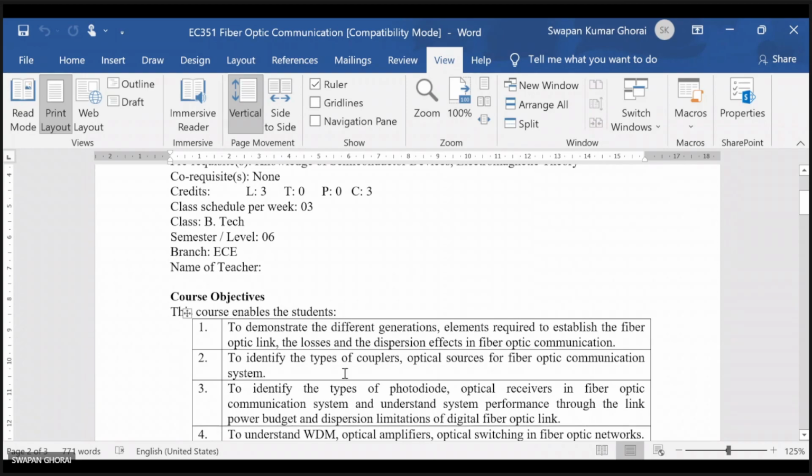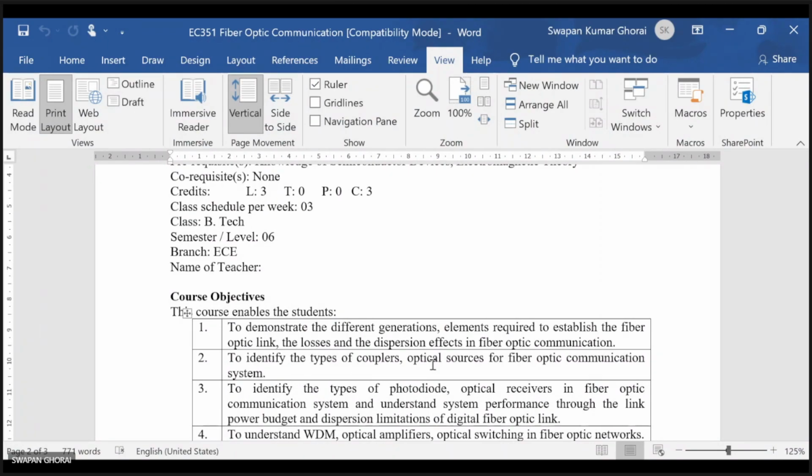The next objective of this course is to identify the types of couplers and optical sources for optical communication systems. Different types of couplers are there. If you use a fiber and a source, you need some sort of device. Those are couplers, not only on the source side but also on the receiver side. From fiber to the detector, couplers are required. There are different types of couplers, and we'll discuss some of them.